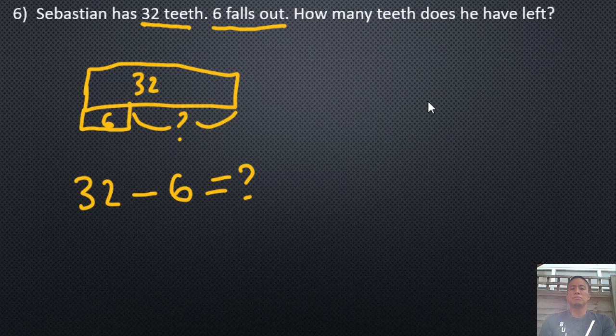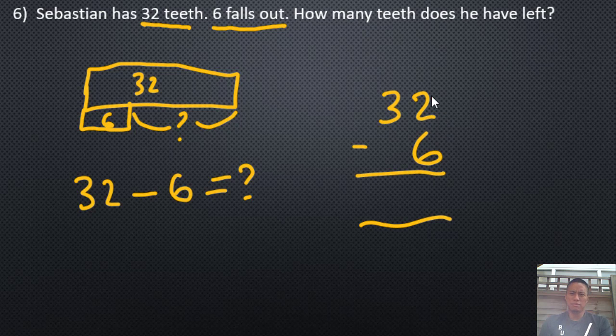So let's use a column method, shall we? We don't need to, it's easier to count backwards, but this is what you can do if you're using the column method. 32 subtract 6. 2 subtract 6 will get you a negative number. We don't really want that, so we could say that there's 3 tens. Let's take one of those tens to put here.